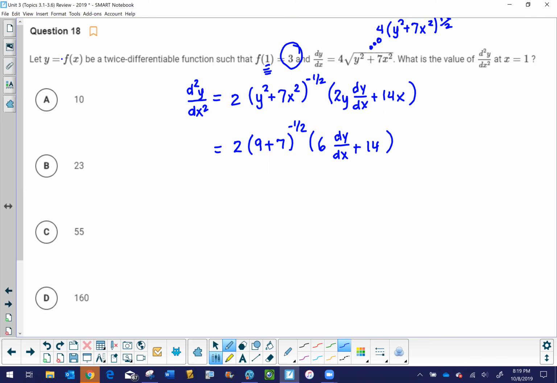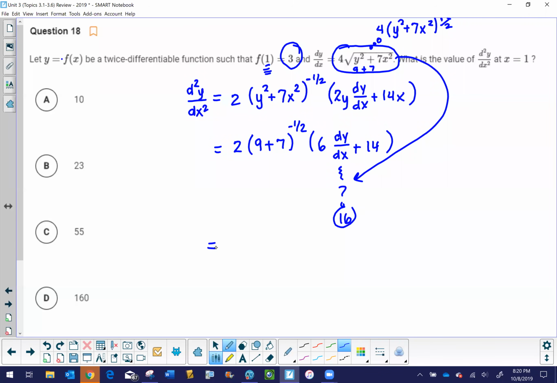Do you remember what we had to do with the dy/dx before? Replace it with this. Can you imagine that being replaced right there? And if it is replaced and we let the y be 3 and the x be 1, we get a 9 plus 7 underneath the square root, right? The square root of 16 makes this a 4, and then multiply by the 4. So that question mark is just the number 16, isn't it?